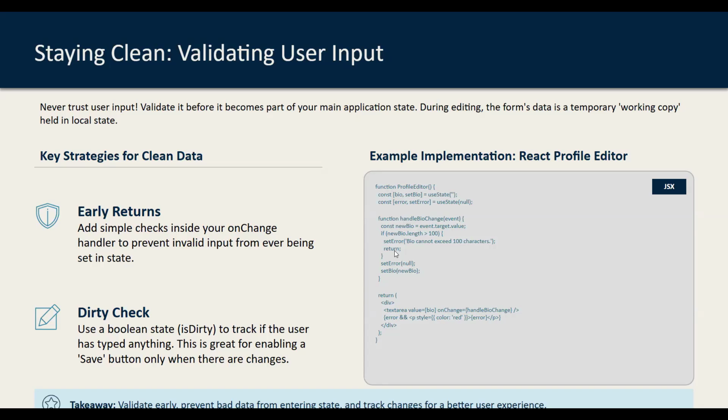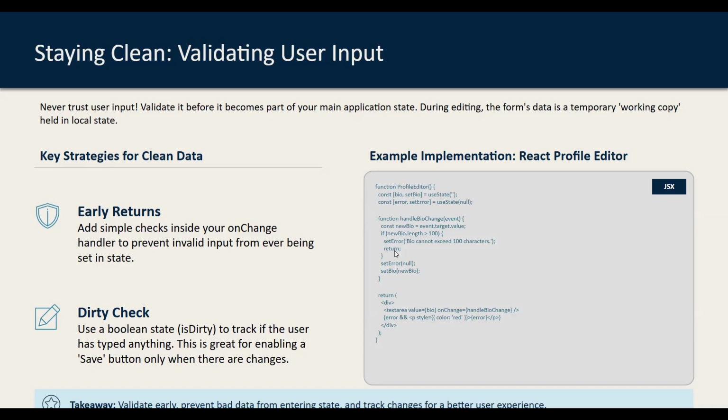And then the second strategy is a dirty check. That usually means using a Boolean variable like isDirty to track whether the user has changed anything or not. That is useful for things like only enabling a save button when there are actual changes.